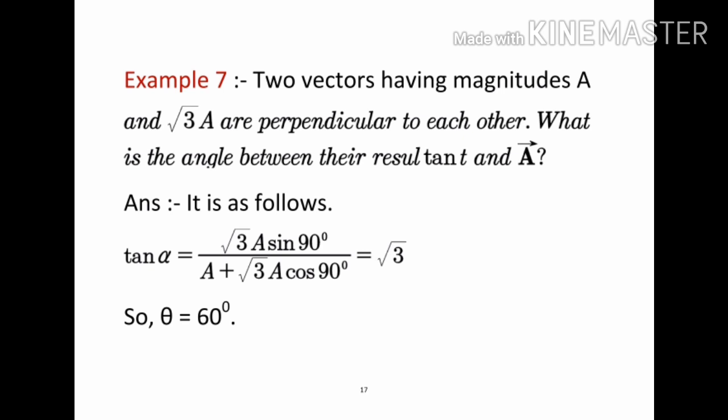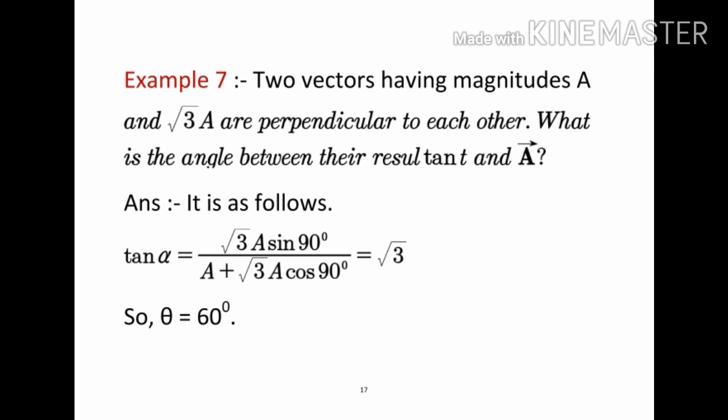So tan alpha is equal to root 3a sin 90 by a plus root 3a cos 90, and that is equal to root 3, because a and root 3a are given as perpendicular to each other. Therefore, we can get tan alpha is equal to root 3. That means alpha is equal to 60 degrees.